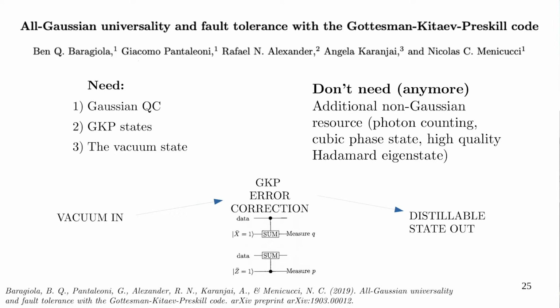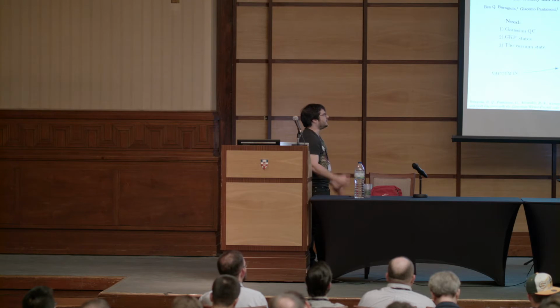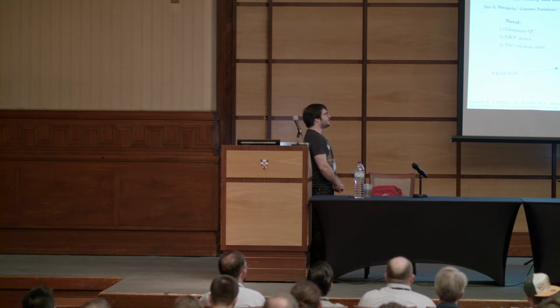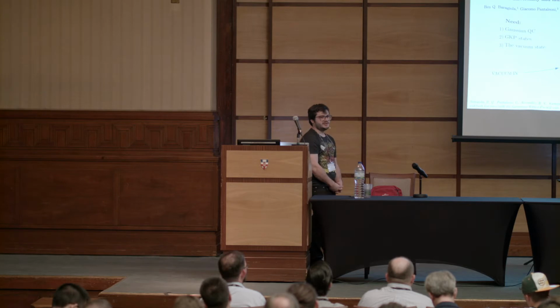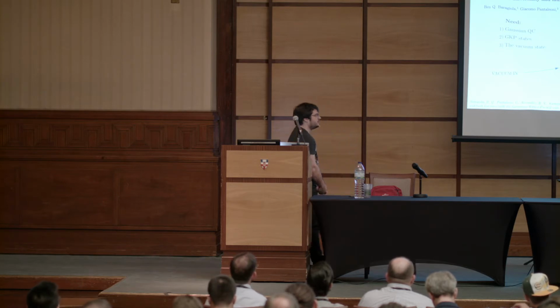How does that work? It's actually a fairly simple protocol because we just take the vacuum, we just do GKP error correction on the vacuum, or maybe I should call it GKP error projection, code space projection on this space, and we ask ourselves whether the logical state associated with that is distillable or not.